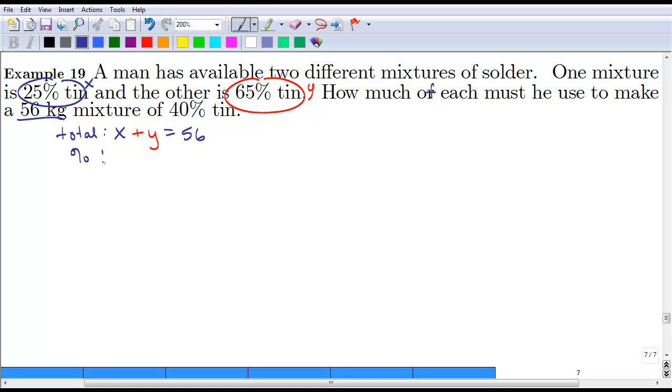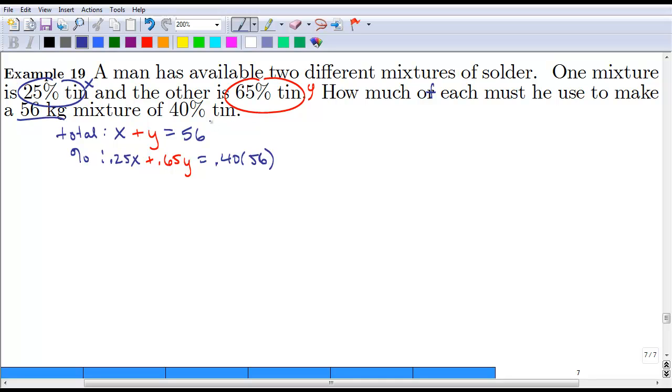Now, the percentage in this case is going to be the percent of each of these which is tin. This is going to be our tin equation. So we have 25% of x is tin plus 65% of y is tin, and notice I'm using the decimal, not the full number, because percent means decimal, and this is equal to 40% of our final, which is 56.